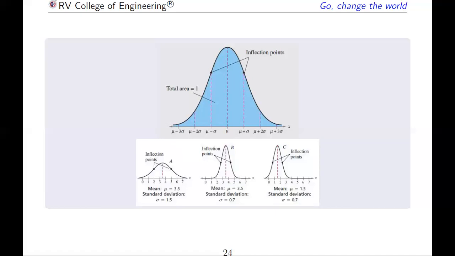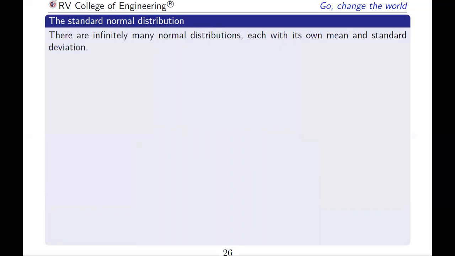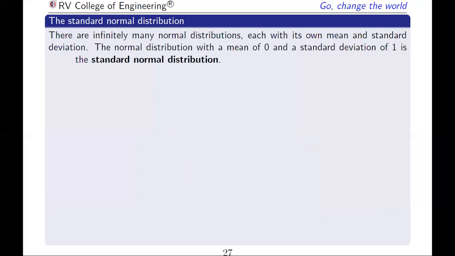Here we have different normal curves with the same mean and different standard deviations. Therefore, we get different shapes. This suggests that there are infinitely many normal distributions, each with its own mean and standard deviation. The normal distribution with a mean of 0 and a standard deviation of 1 is called the standard normal distribution.